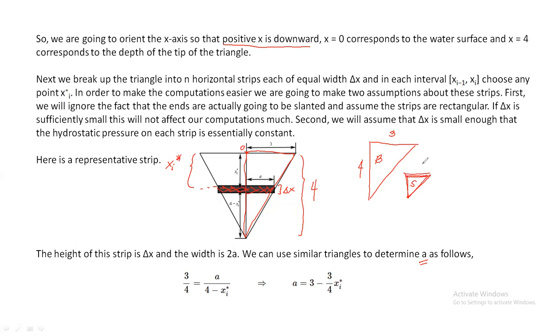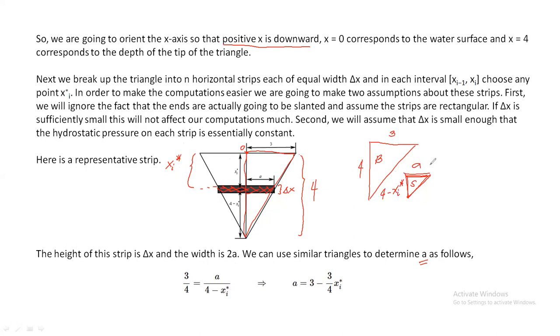So what is this one? If we represent the width of this rectangular strip as 2a, then this must be a. So this is a. And what about this one? If this was labeled a while ago as x sub i asterisk, the remaining part would be the entire length minus x sub i asterisk, so this is 4 minus x sub i asterisk.